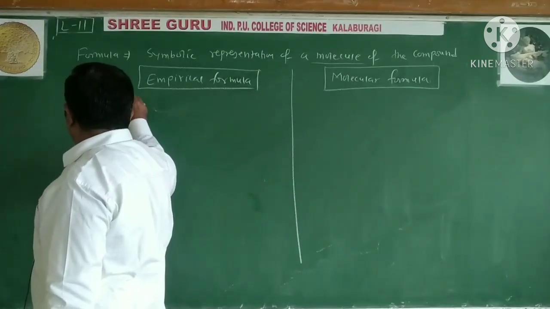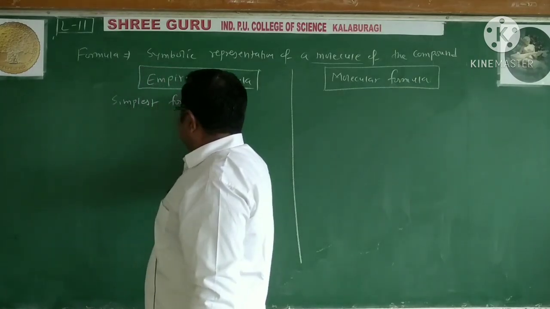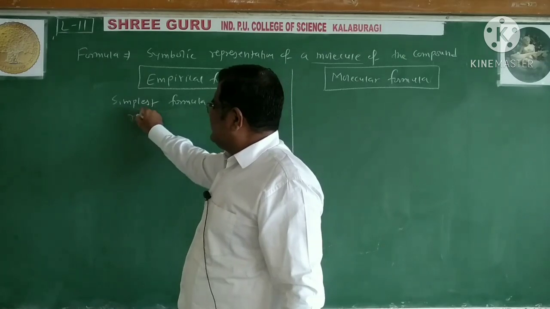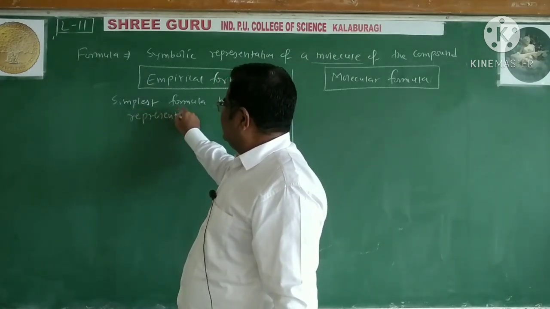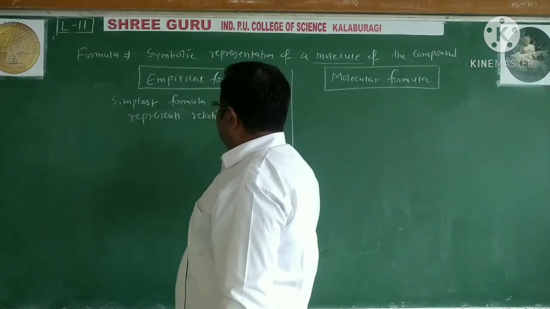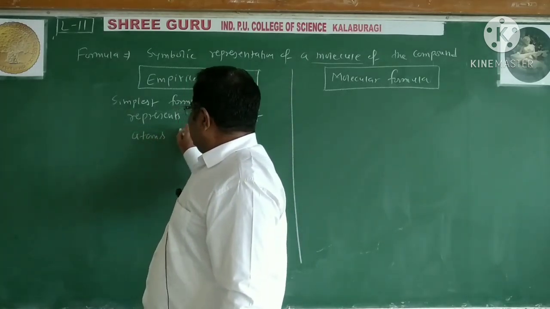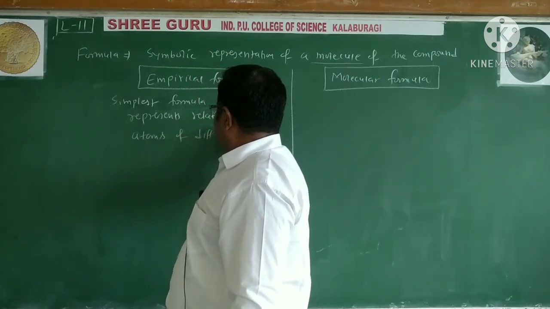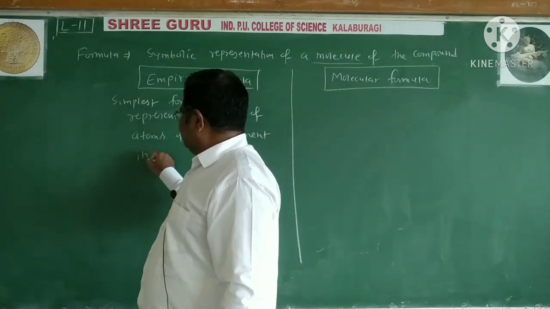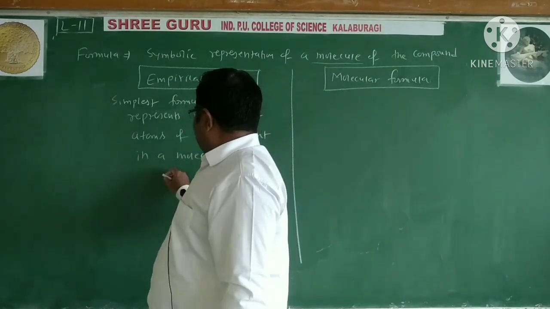The empirical formula is the simplest formula which represents the relative number of atoms of different elements in a molecule of a compound.